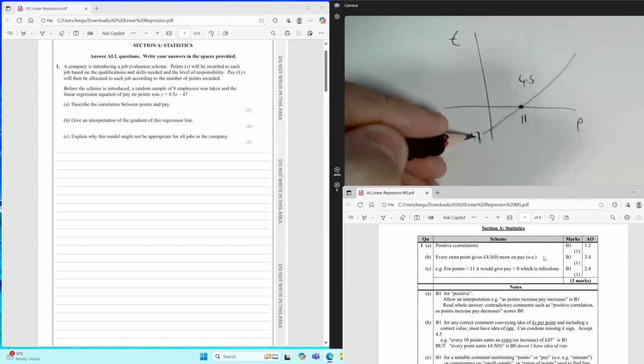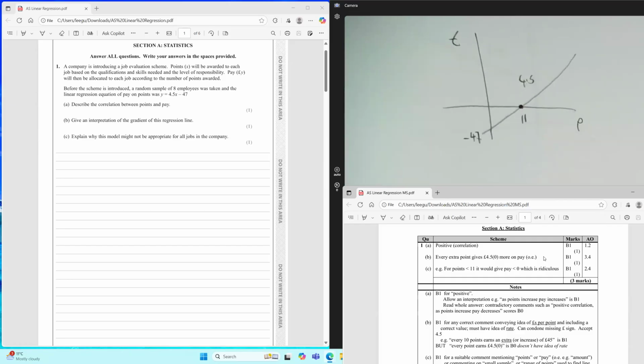In other words, you're going to have to be paying to work at the company, which clearly makes no sense at all. So if you've got less than 11 points, it's going to give you a pay that is less than 0, which means you would be paying to work at the company, which is ridiculous.